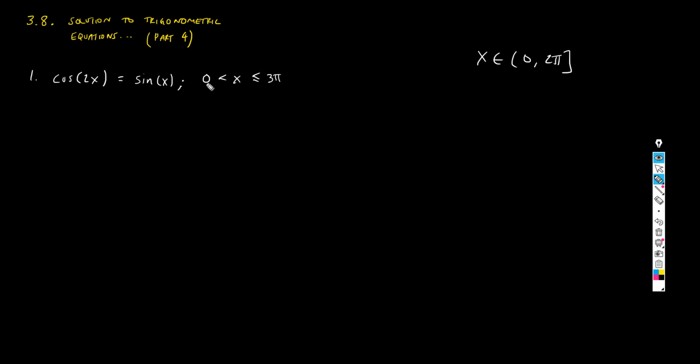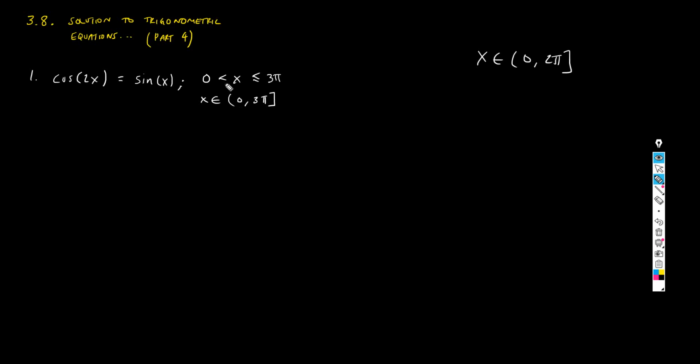What this is telling me is that x should be greater than 0 and less than or equal to 3 pi. So if you want to rewrite this in this type of notation, it would look like this: x must be in the interval from 0 to 3 pi, excluding 0.